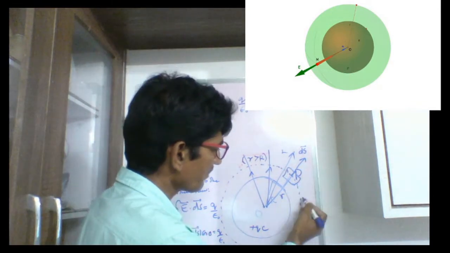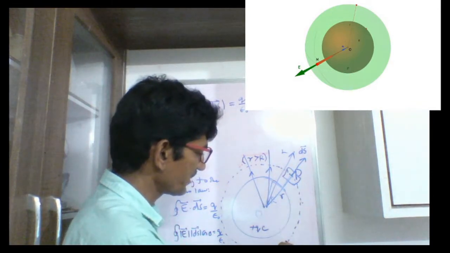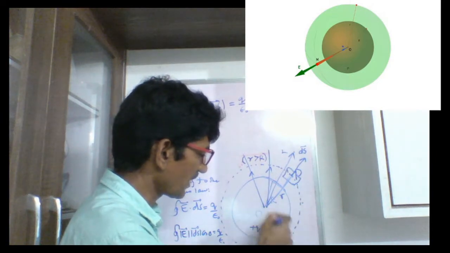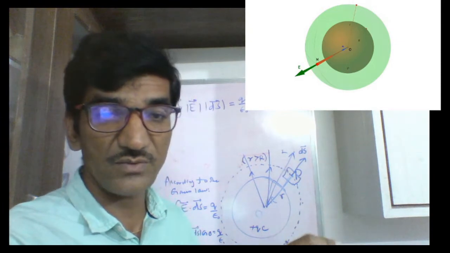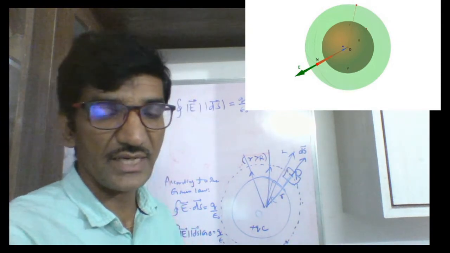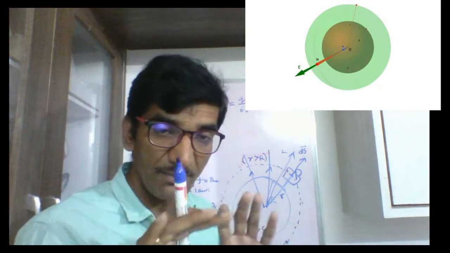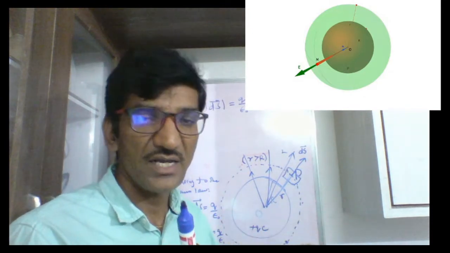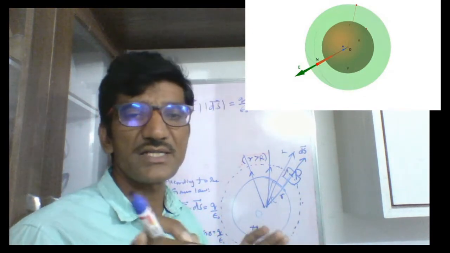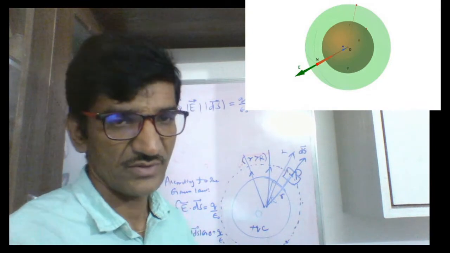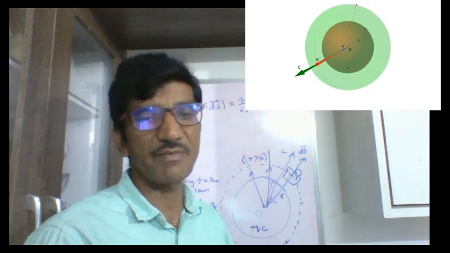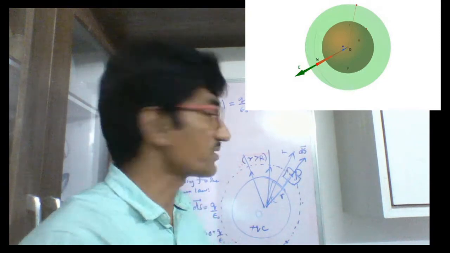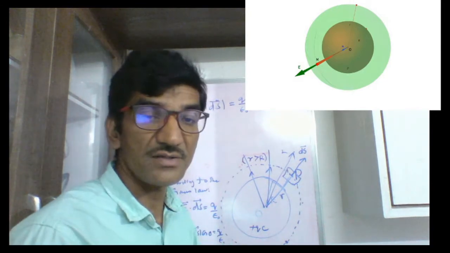If you take a point here, all these points are located away from O at the distance r, which is equal to the radius of the sphere. That's why at all those points you have the same electric field. So E is a constant.